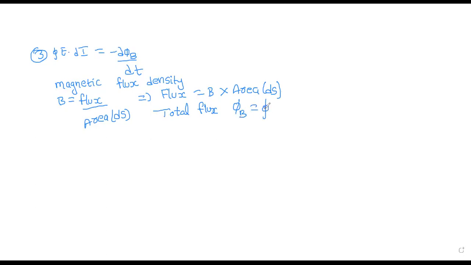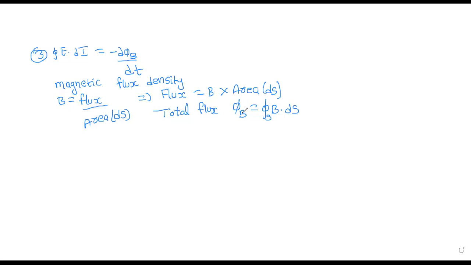When I talk about totality, we use the integration form. Here phi B is the flux, and the total flux is given by the surface integration of B dot dS.